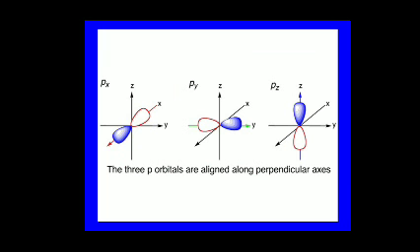Here are three degenerate orbitals: px, py and pz. The orbital lobe along the x-axis is called the px orbital, the lobe along the y-axis is called the py orbital, and the lobe along the z-axis is called the pz orbital.